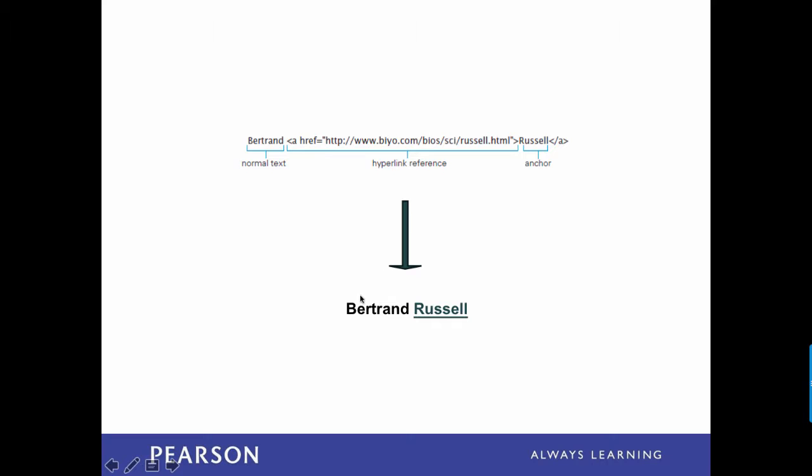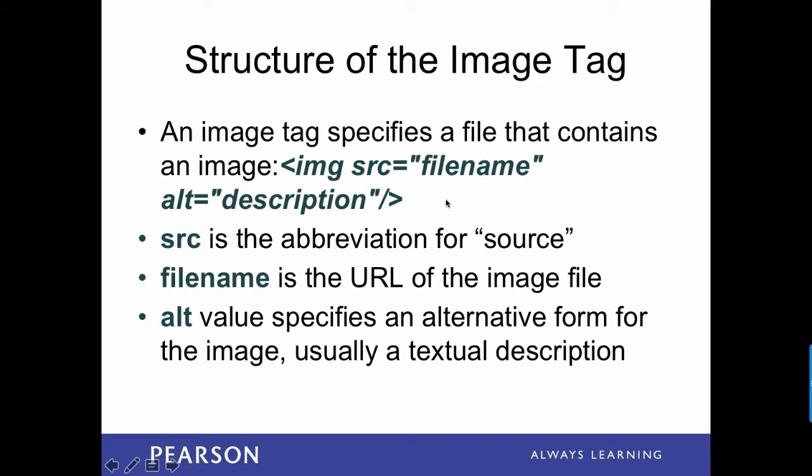So you can see right here, Bertrand Russell, and Russell is underlined. So if a person hovered their mouse over that, they'd get the hand showing the link. And if you looked in the status bar of your browser at the very bottom, it would probably show you where it's going to link to.